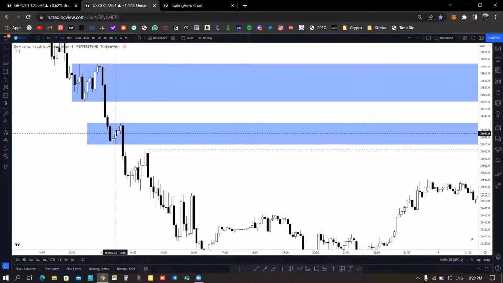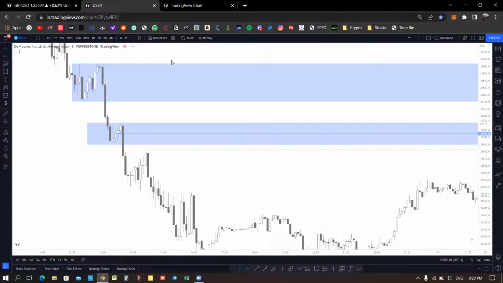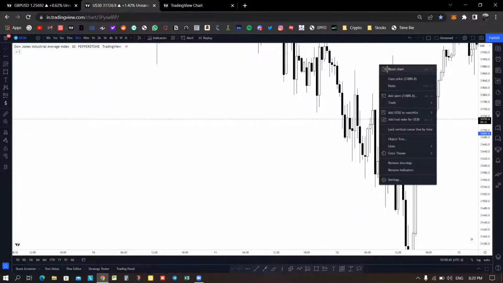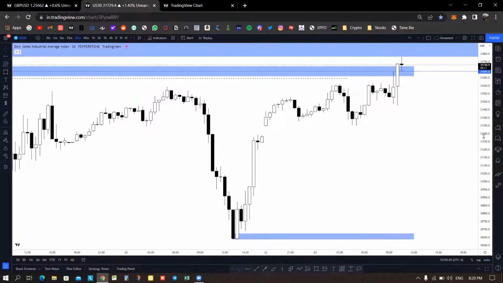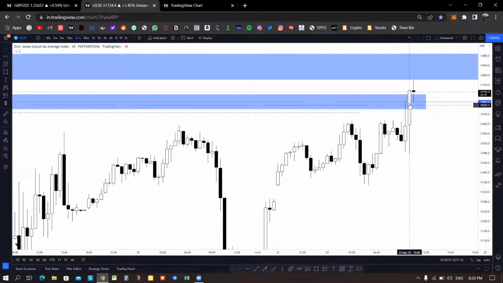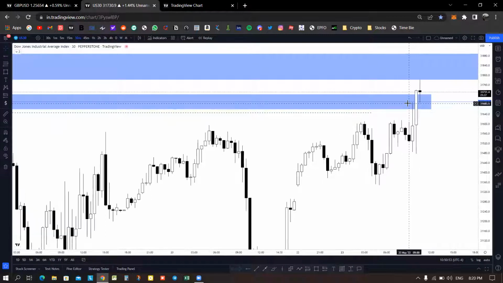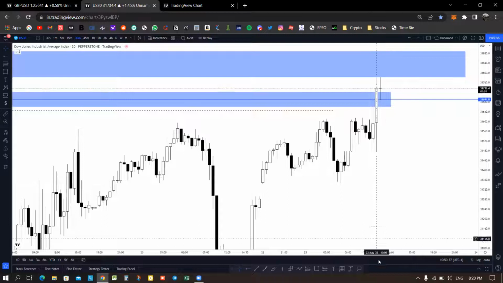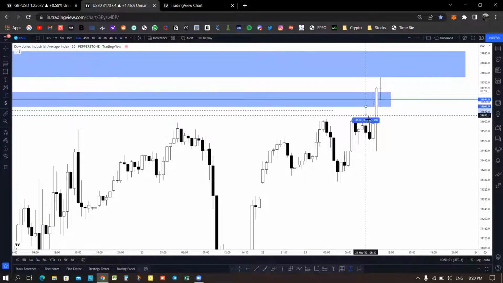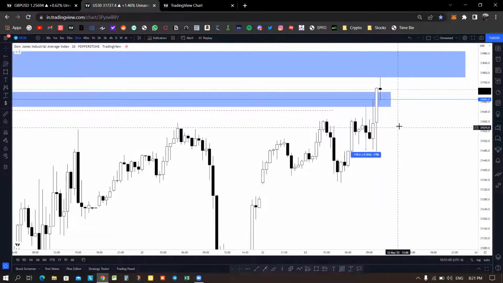So what happened here is, you can see market just tapped the kissing candle, 50% of this kissing candle, and dropped for something like 170 pips.